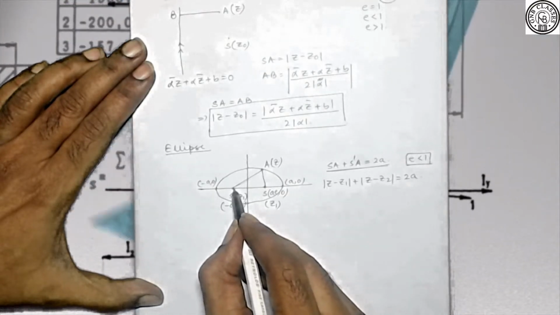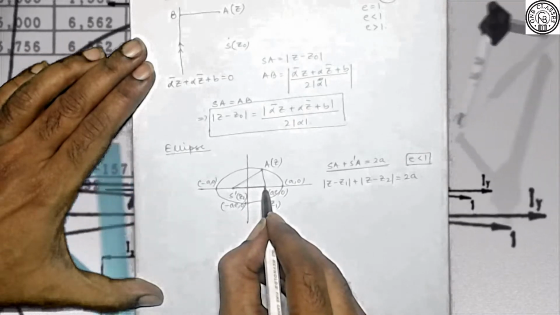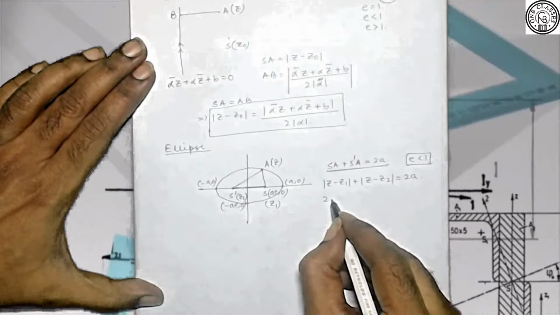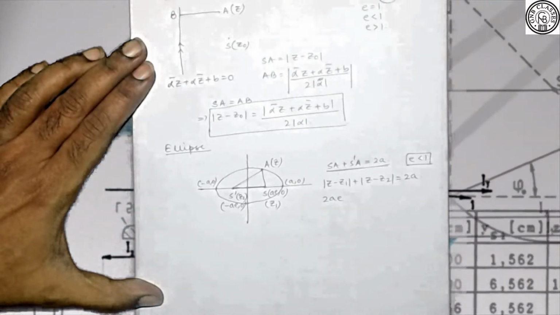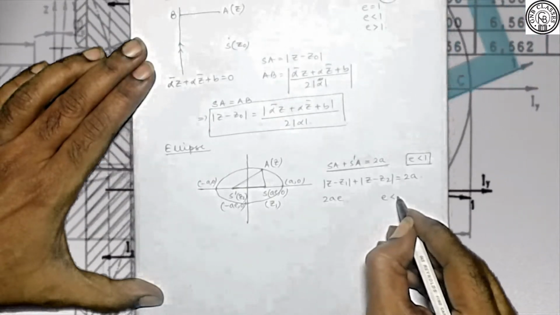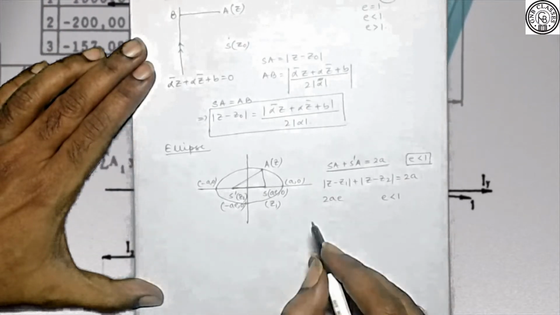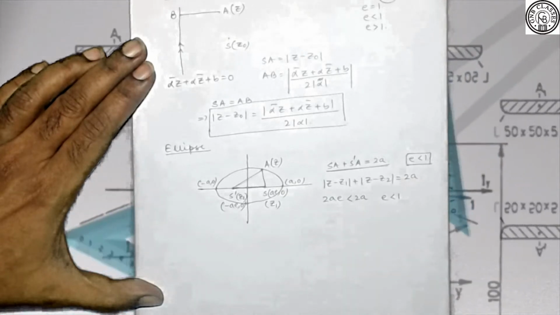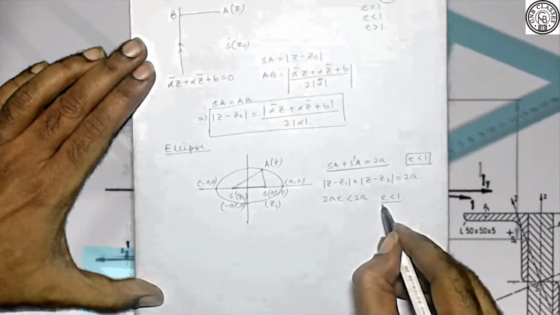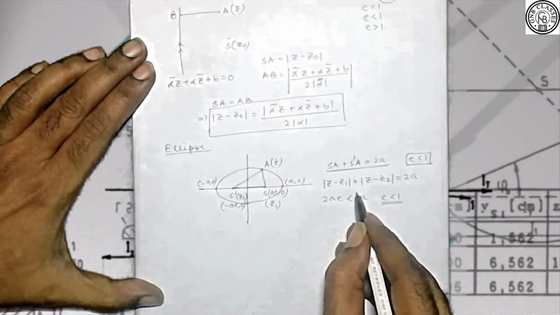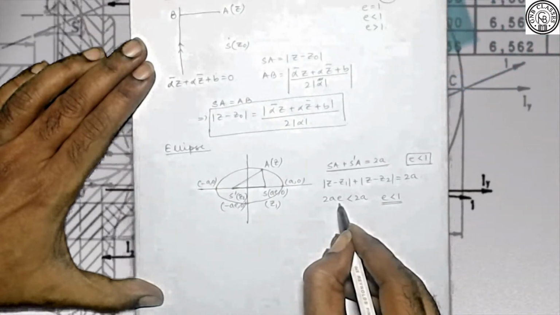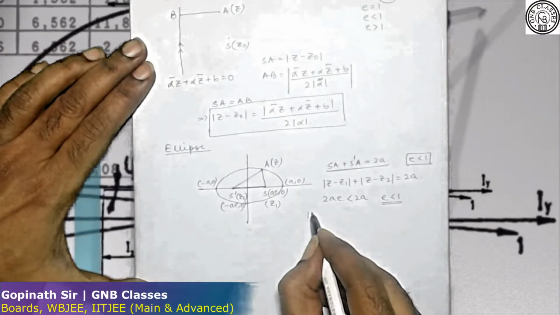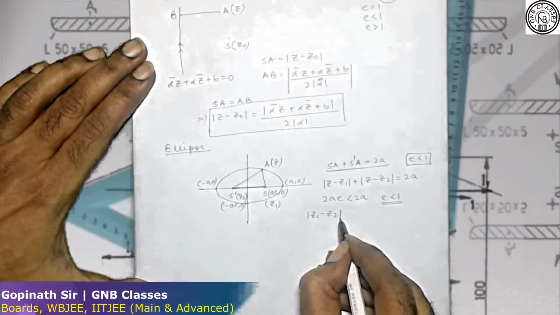Now can you tell me what is the distance between these two foci? The distance between the foci is basically 2AE. Now in case of ellipse we know E is less than 1. Therefore 2AE will be less than twice A. Yes, since E is less than 1, 2AE will be less than 2A. 2AE is basically the distance between the foci, which is mod of z1 minus z2.